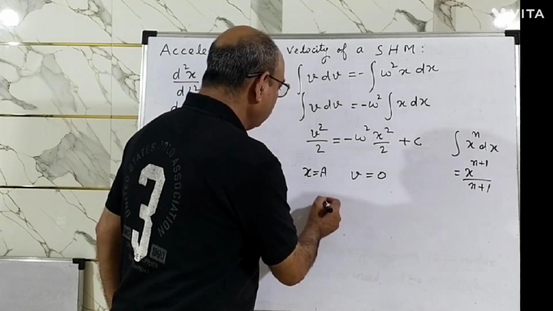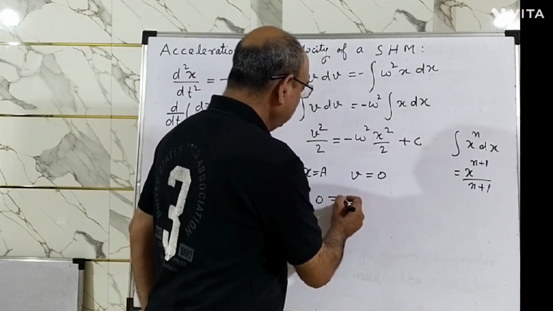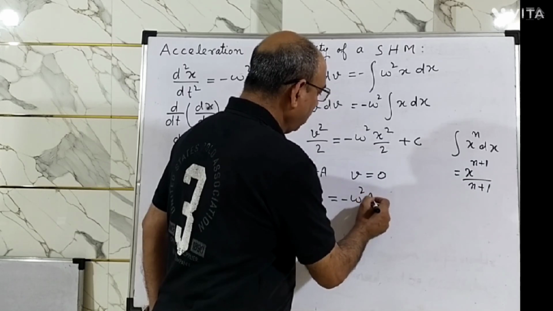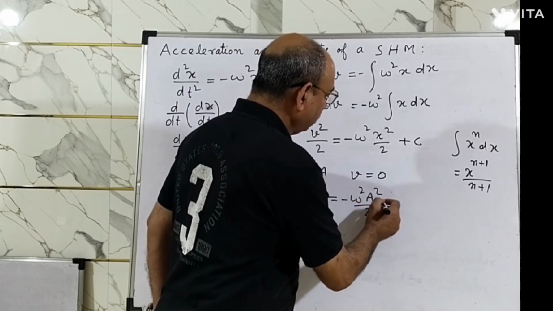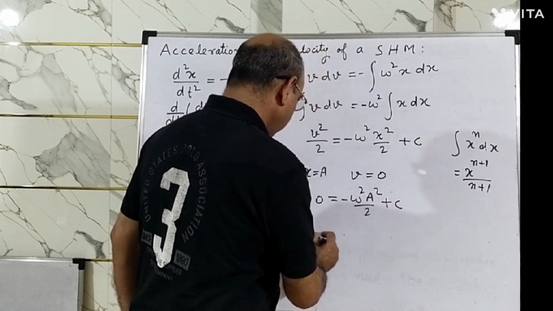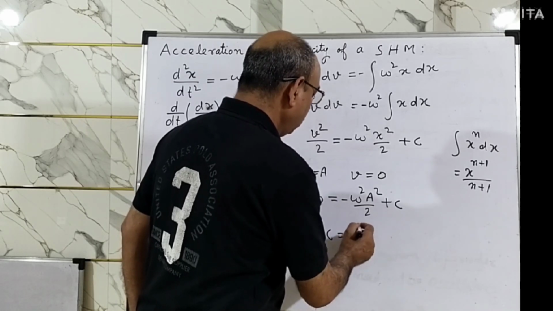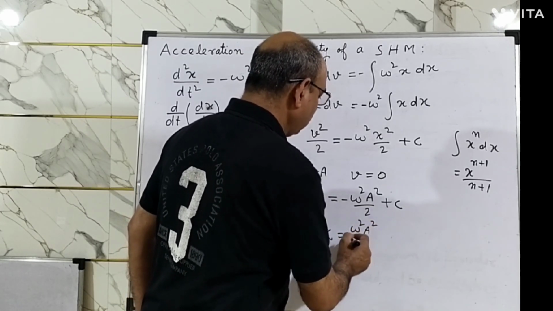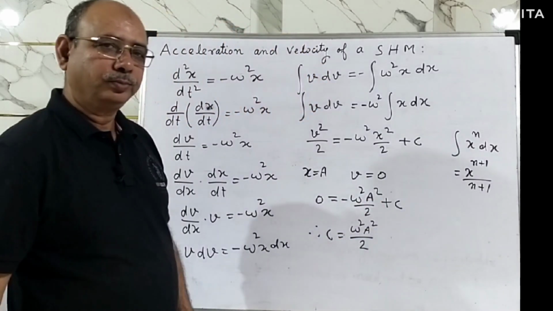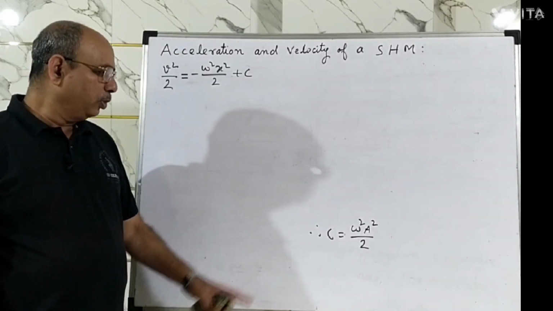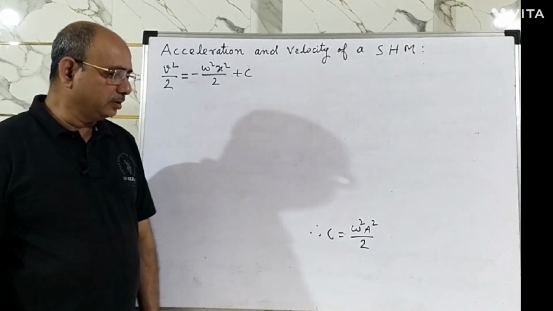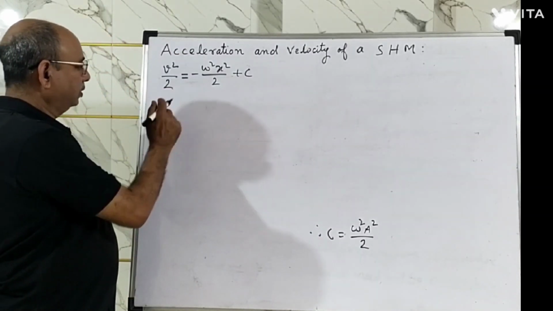v square means 0 square upon 2 is 0. This is equal to minus omega square A square upon 2 plus C. Therefore, C is equal to omega square A square upon 2. Let's put the value of the constant of integration C in this equation.